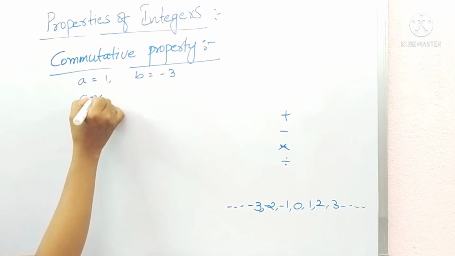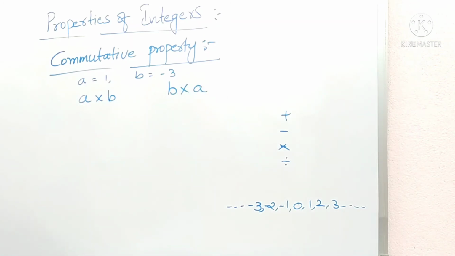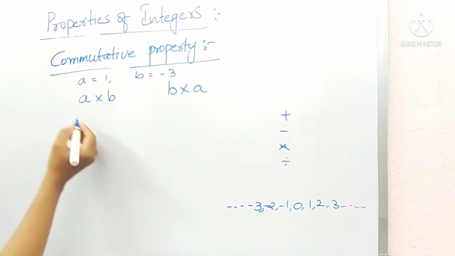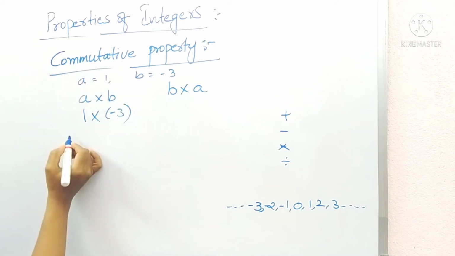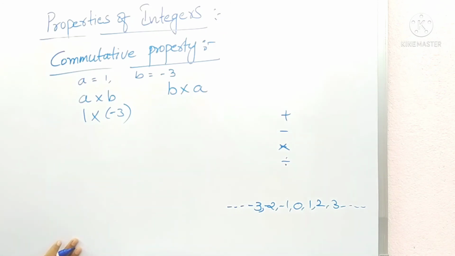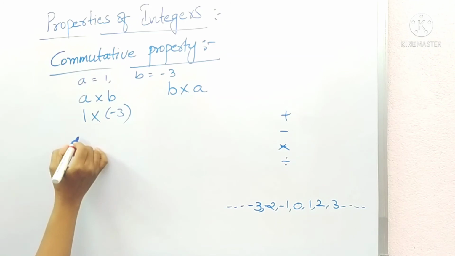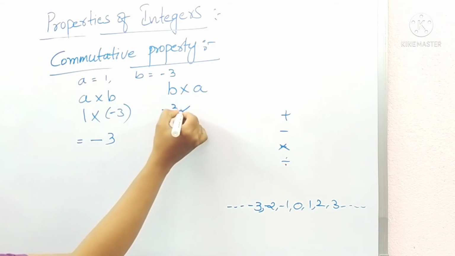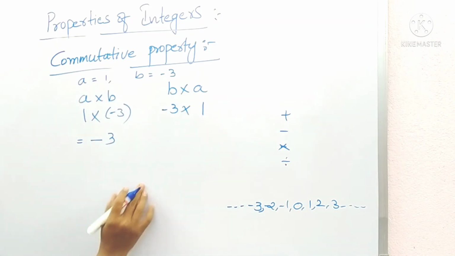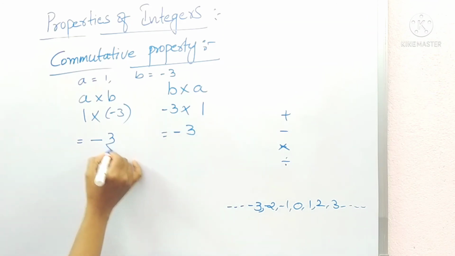And we see now multiplication, a into b and b into a. Okay students, so now a is 1 and b is minus 3. Whenever we are multiplying two integers, if one is negative, then the answer is also negative. 1 times 3 is 3. b is minus 3 and a is 1, so the answer will be negative. 3 ones are 3.